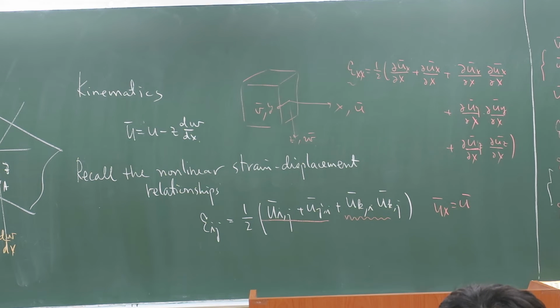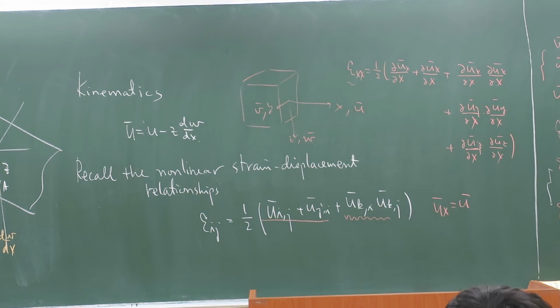So in this equation, epsilon y is equal to 0, and epsilon x will be partial u bar partial x plus half partial u bar partial x higher order term plus half partial w bar partial x squared.